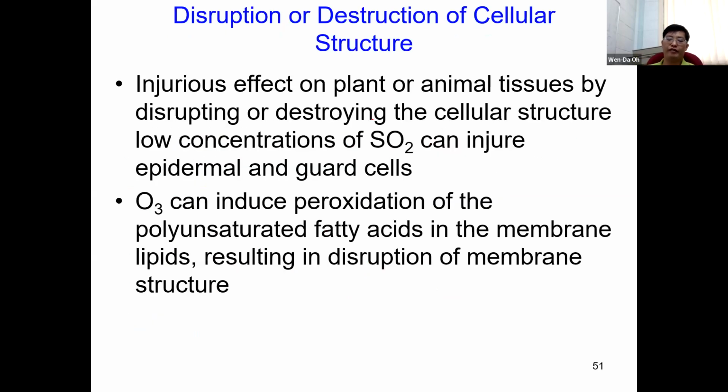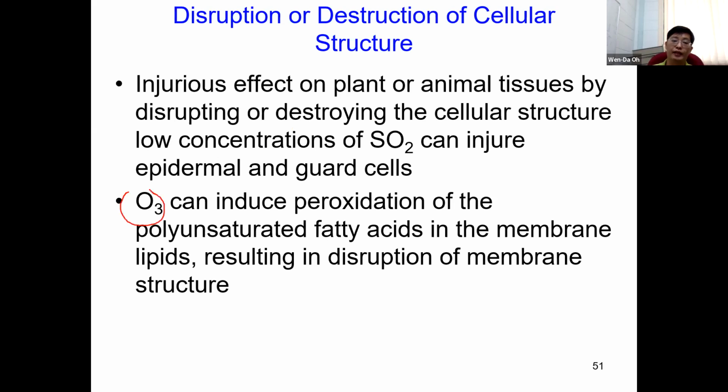So when you have, let's say, SO2, sulfur dioxide, going into the leaf structure, or when you have human beings exposed to this sulfur dioxide, it can actually affect the cell in the sense that it can destroy the cell structure. It can react with certain chemicals in your cell, and then it will start to cause cell death, necrosis.